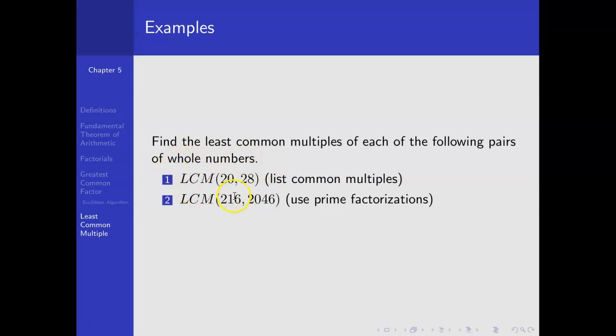And then with our other example, we're going to use prime factorizations because you can imagine looking at multiples of 216 and 2046 could take a while and might not work out nicely for us in terms of finding that least one. We might have to go on for a long time to do that and possibly even give up before we get there. So pause here, go watch the pencast of these two examples, and then we will come back and do the last little bit.